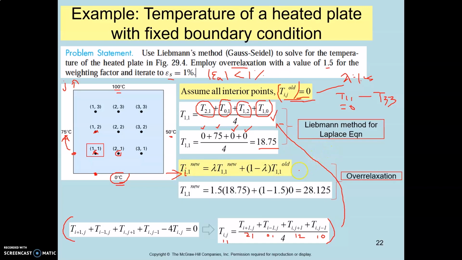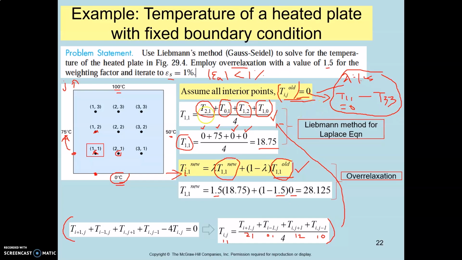Then we apply the over-relaxation formula, where you substitute lambda equal to 1.5. The old temperature and the new temperature can be found from here. Initially we assumed all the points have temperature equal to 0, so therefore your old temperature T11 is 0.